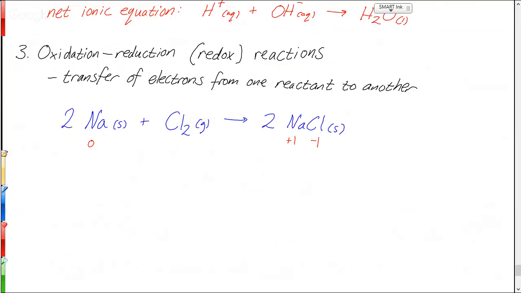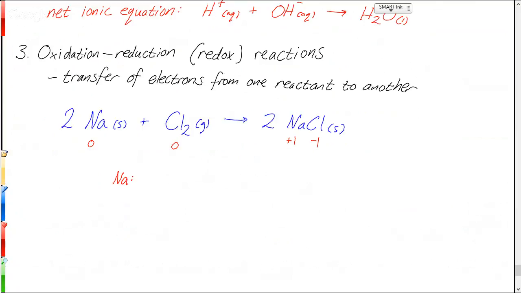So for chlorine in the Cl2 molecule, that would also be the case. That chlorine in its elemental state in Cl2 has a charge or an oxidation state of 0. So we can see in this reaction that we've transferred electrons from the sodium to the chlorine, because sodium has gone from 0 to +1, and chlorine has gone from 0 to -1. Let's write that down.